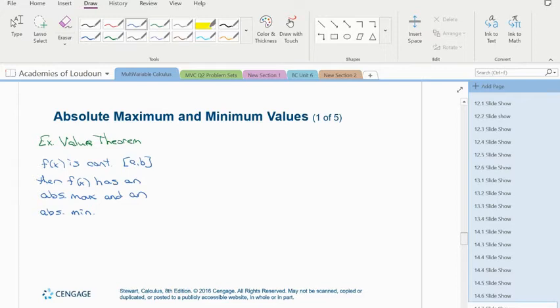Just as a closed interval contains its endpoints, a closed set in R² is one that contains all of its boundary points.